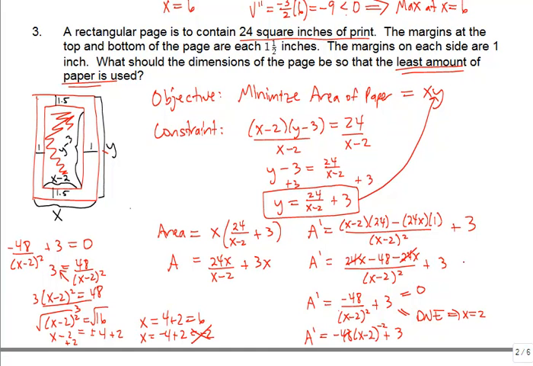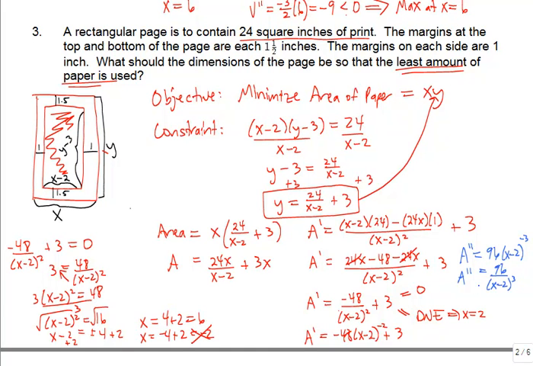So then the second derivative would become, when I bring down this negative 2 times negative 48 is 96. And then I'm going to decrease the power by 1, so this becomes a negative 3, and the derivative of what's inside would just be 1. So this is just 96 over (x minus 2) quantity cubed.